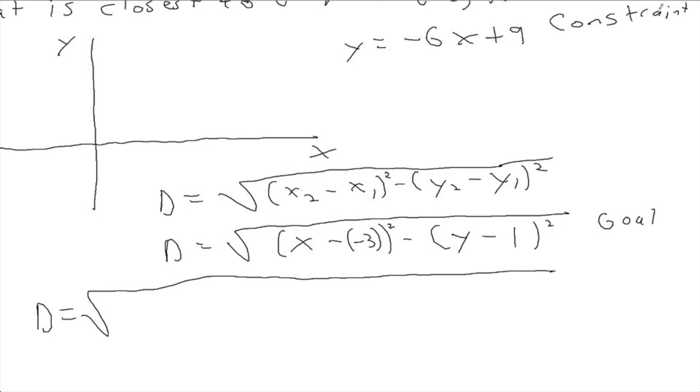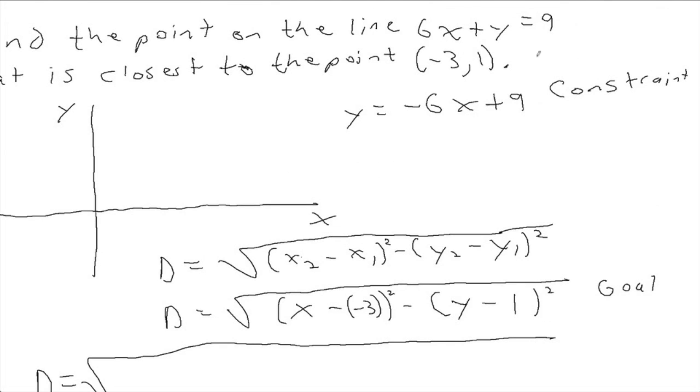We used the constraint equation. On all the earlier problems, we used the constraint equation to solve for one of the variables, and then we substituted it into the other equation. So that's what we're going to have to do here. Here's our constraint equation. We need to solve this for one of the variables and then substitute it into here.